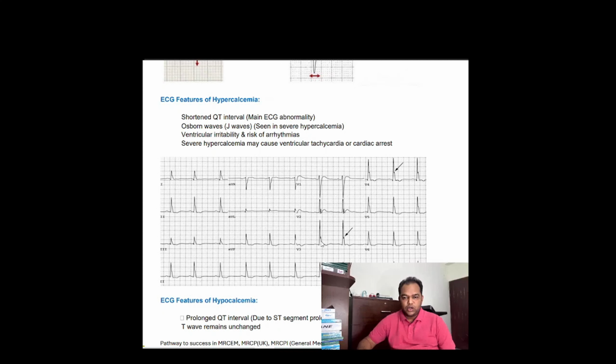It is a notch in the QRS complex, near the J point, or a notch at the descending limb of the R wave.